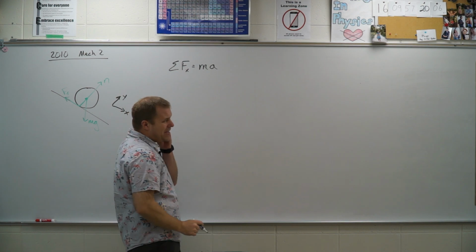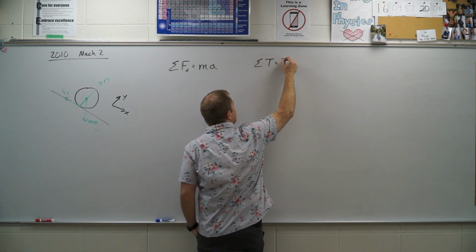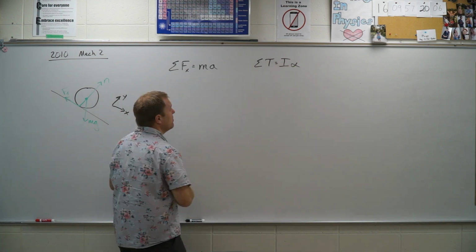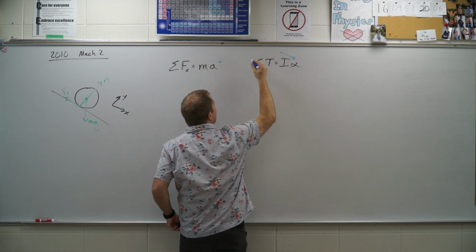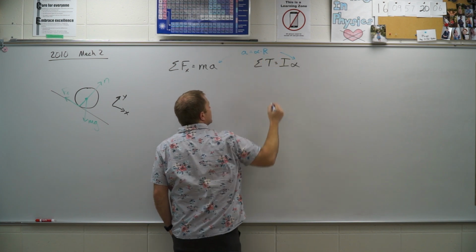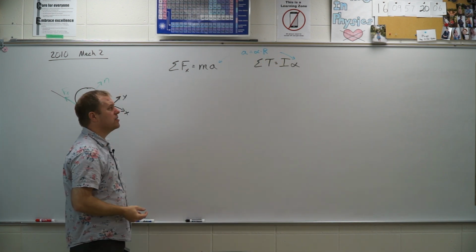It will also be angularly accelerating, so we're going to sum up the torques and set it equal to I alpha. Now, because it is rolling without slipping, I can link these 2 accelerations: a is equal to alpha times the radius it's rolling on. That's going to allow me to link these 2 equations together.